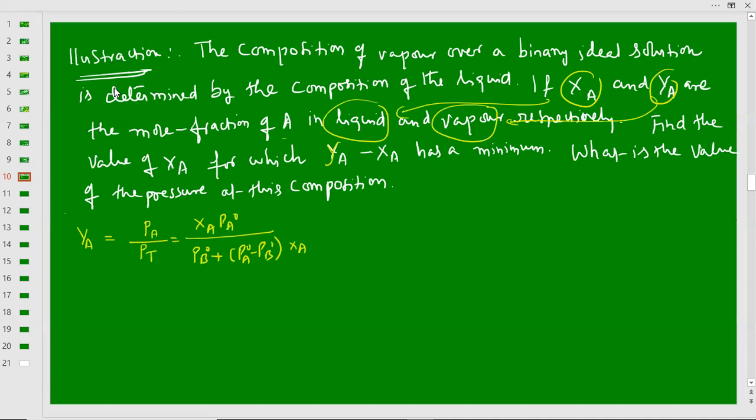Then you can do one thing, that is subtracting XA on both sides.